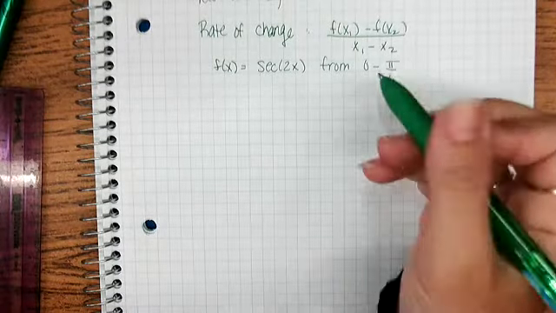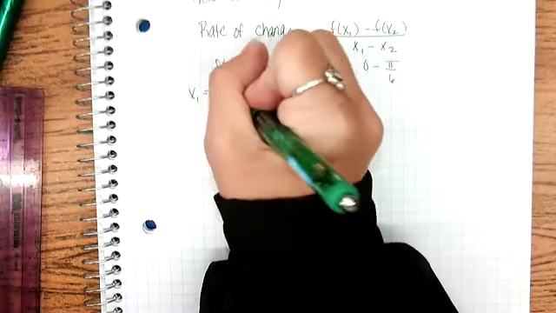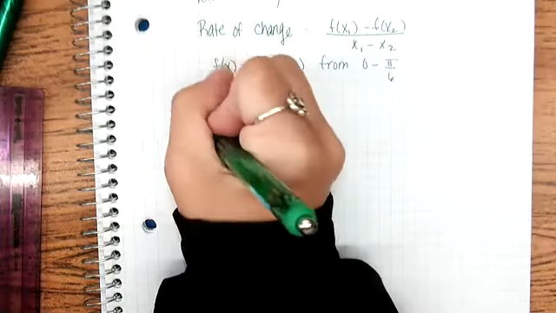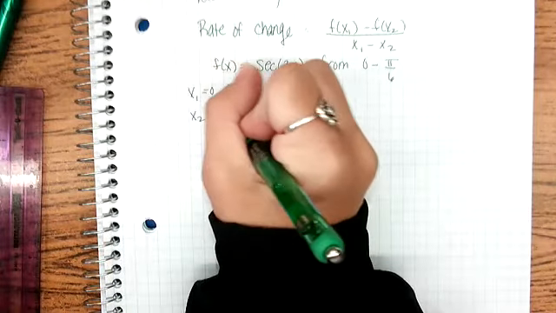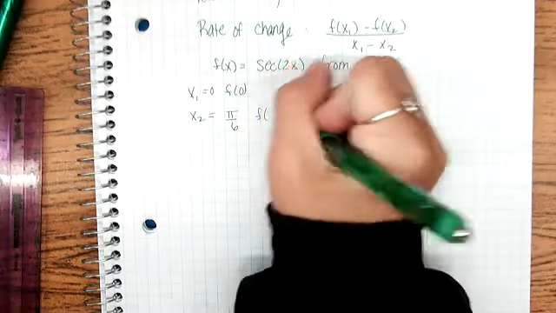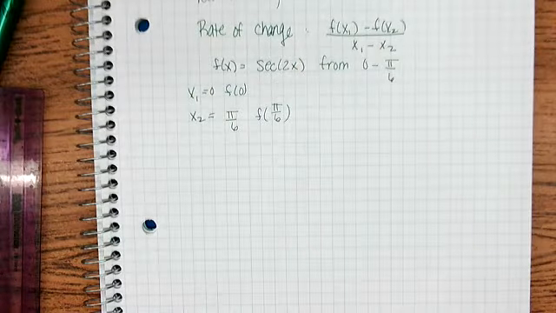So I'm just going to say that my x1 is 0. So I want to find the f of 0. And I'm going to say my x2 is pi over 6. I need to find the f of pi over 6. And then all I need to do is plug in and get some values.